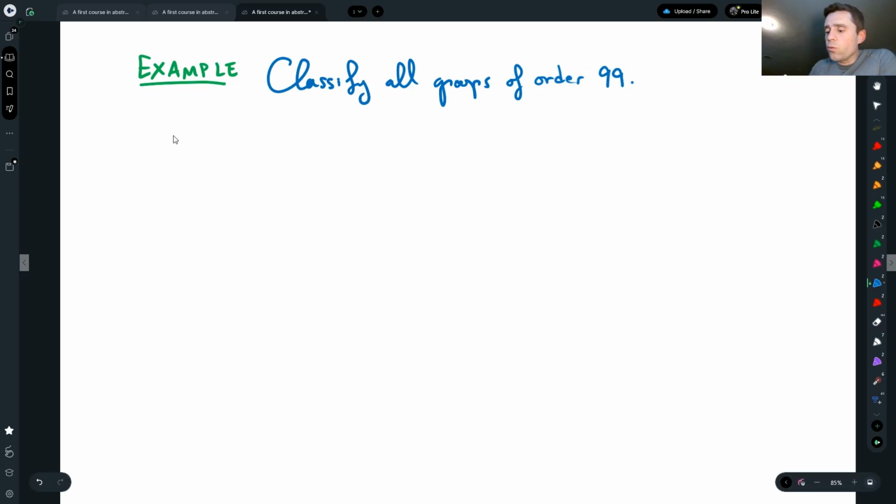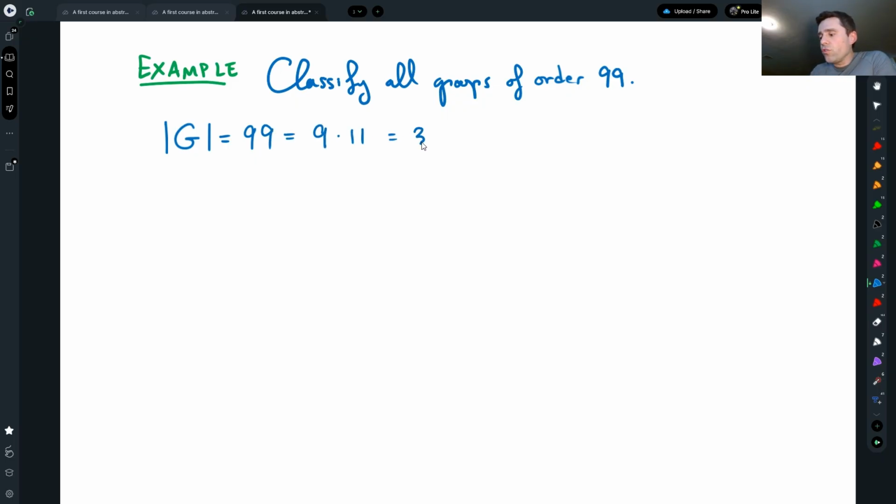So let's start with G of order 99, which is 9 times 11, so 3 squared times 11. Let's start with the 3-Sylow subgroups. So take p to be 3. Then by the first Sylow theorem, we know there are 3-Sylows. Every 3-Sylow has order 9.